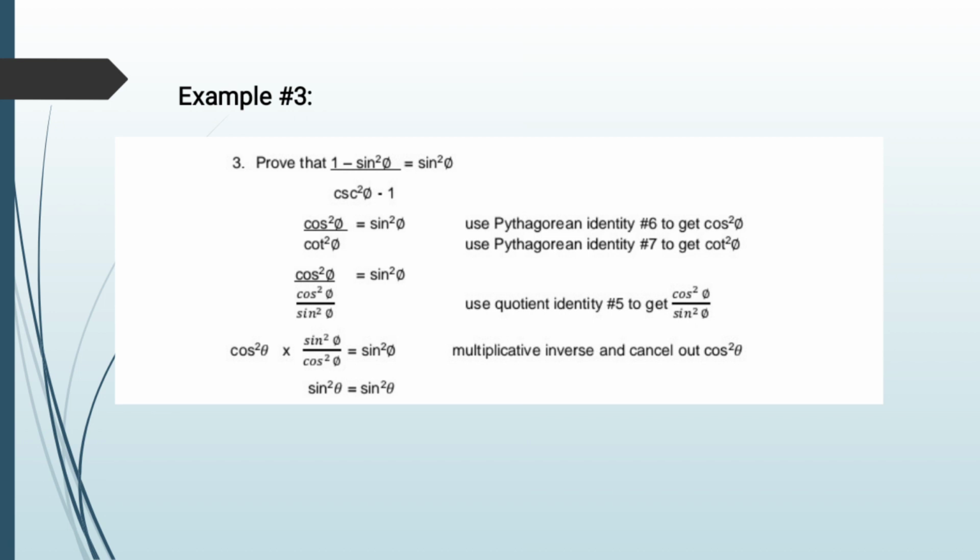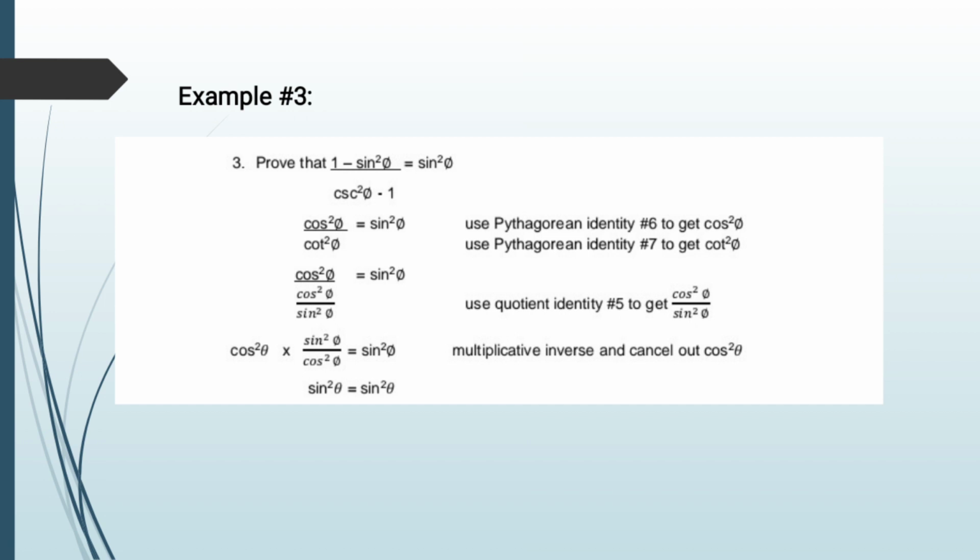So cosine squared empty set over cosine squared empty set over sine squared empty set equals sine squared empty set. So you use quotient identity number 5 to get cosine squared empty set over sine squared empty set.